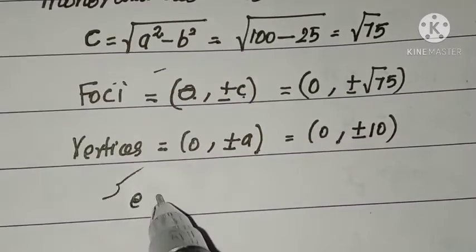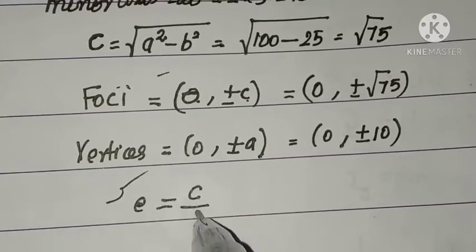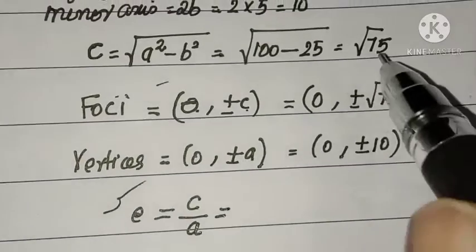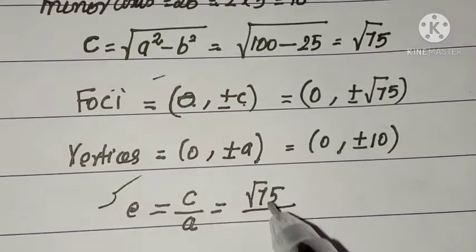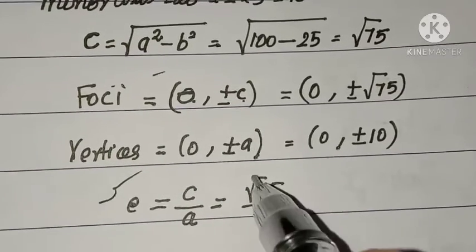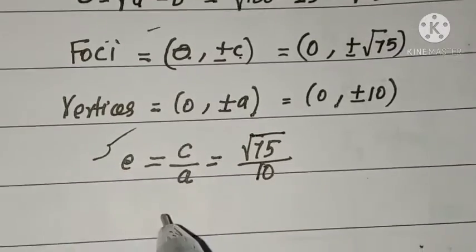Now eccentricity is c/a. What is c here? √75. What is a? 10. So eccentricity is √75/10.